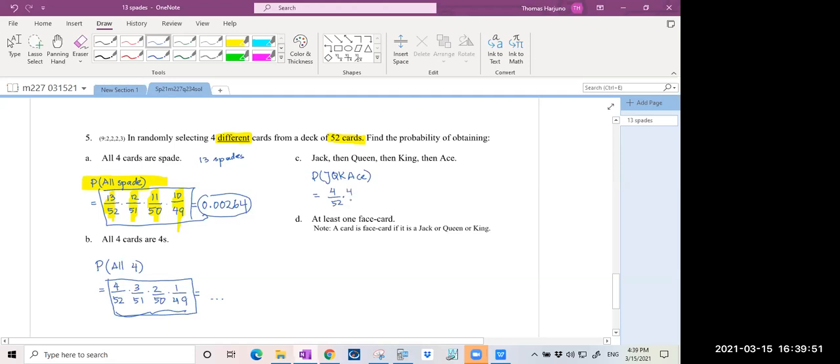That's 4 out of 51 cards, because 1 Jack was already pulled out earlier, right? And then what is the probability that the third card is a king? So it'll be 4 out of 50. That's right. And then what is the probability the last one is an ace? That's 4 aces out of 49 cards left. Okay, then you give me the decimal. Keep in mind it has to be in 5 decimal places.